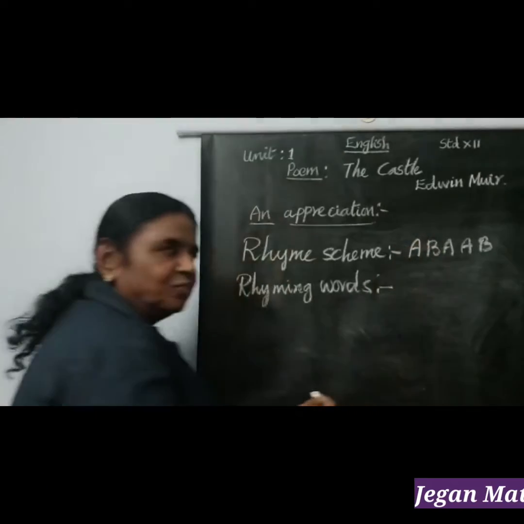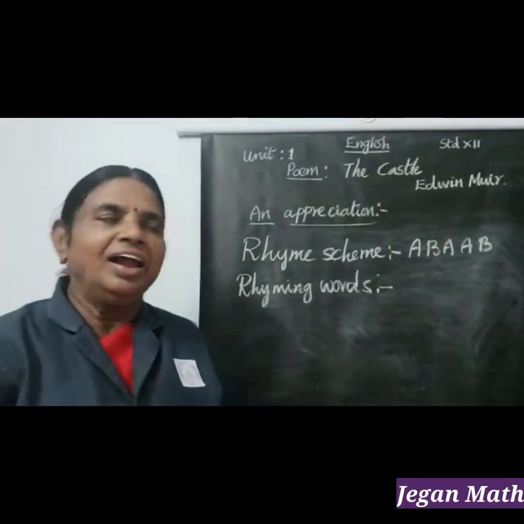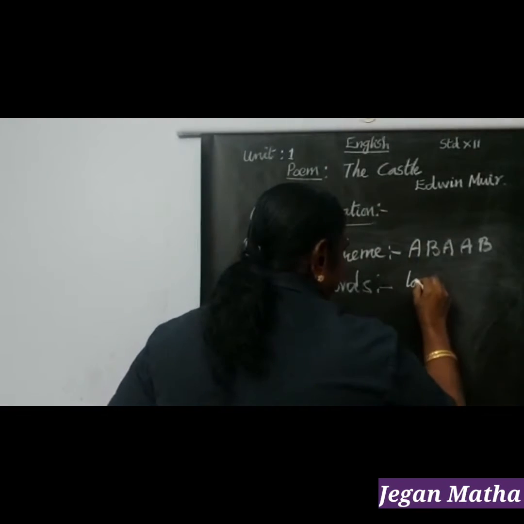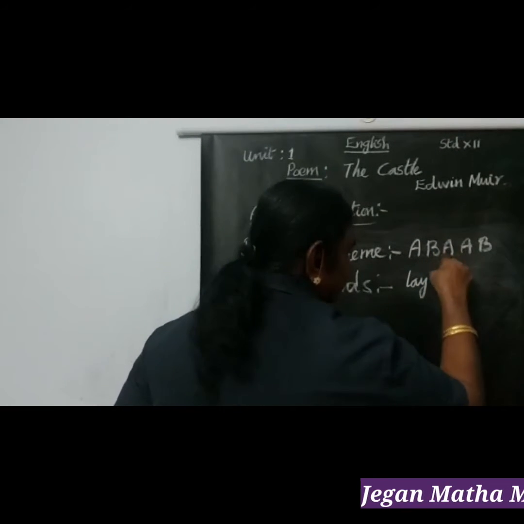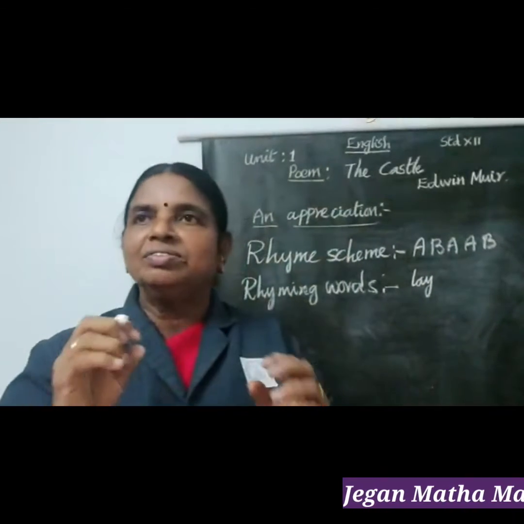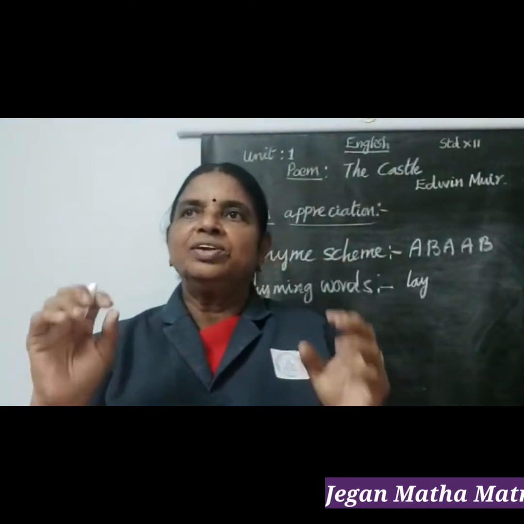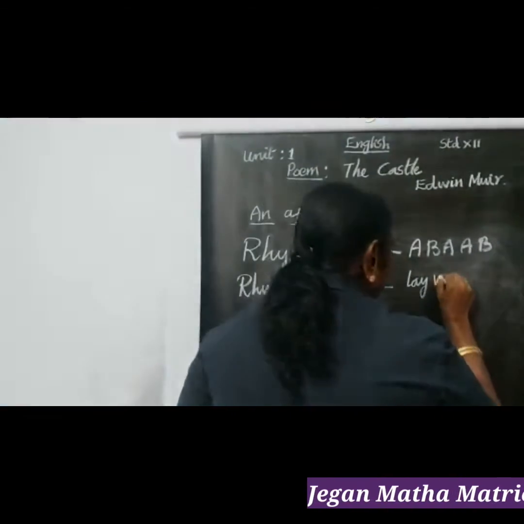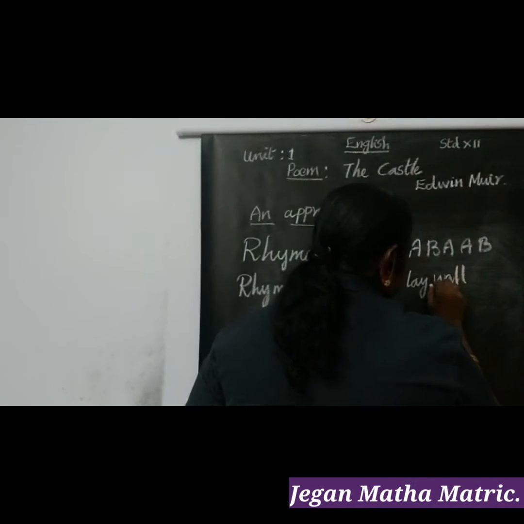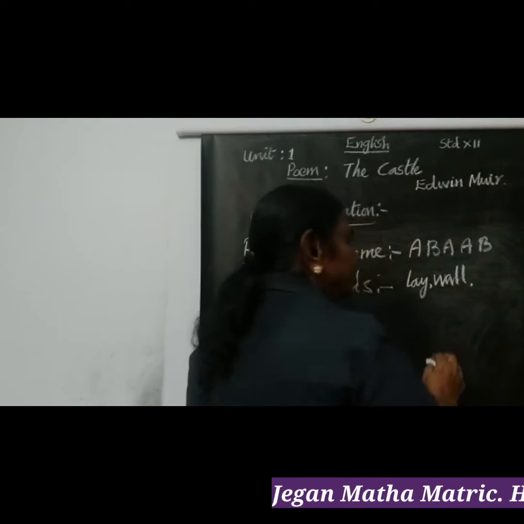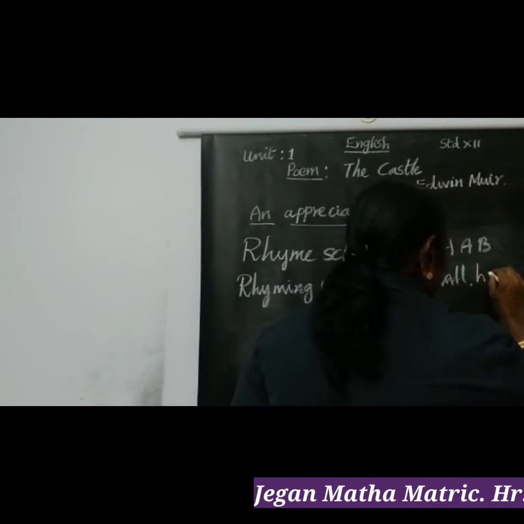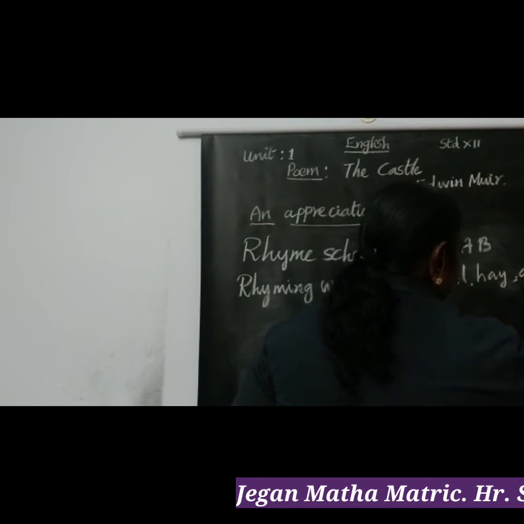So A, first what did we see in A? Lay. Then B, what did we see in B? That is what we have just read. That is wall. And then what is the another one? Hay. And away.